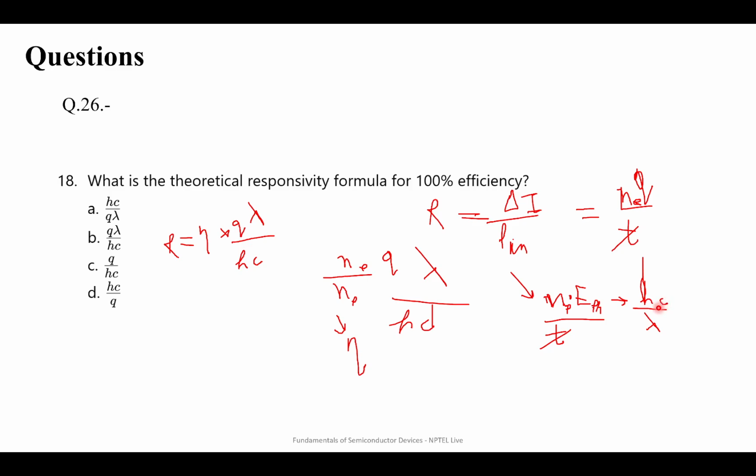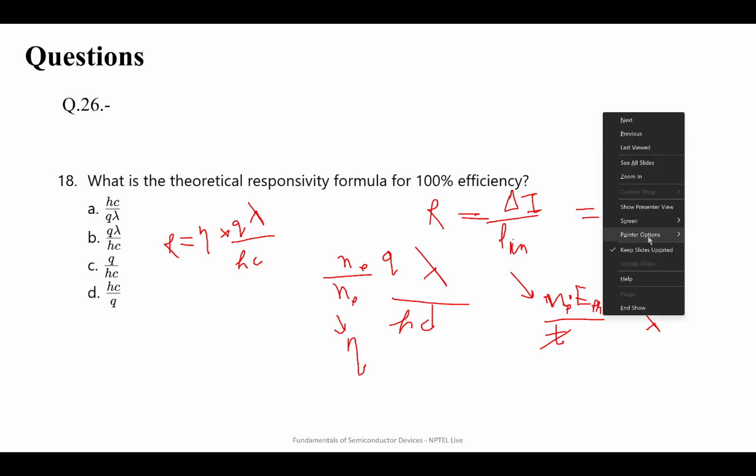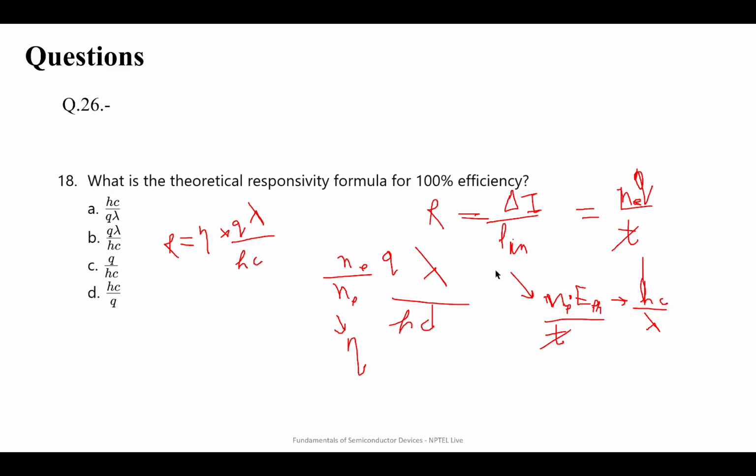So then my P in becomes N p hc by lambda t. The t in the numerator I can cancel with the t in the denominator, right?